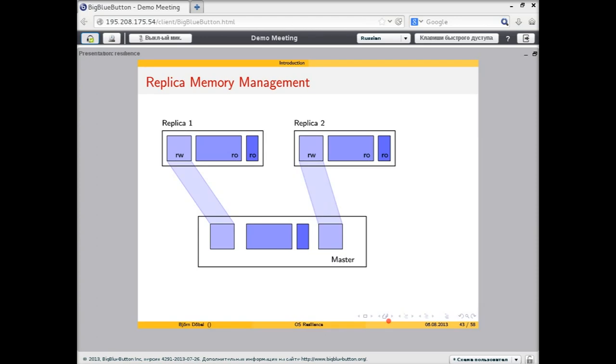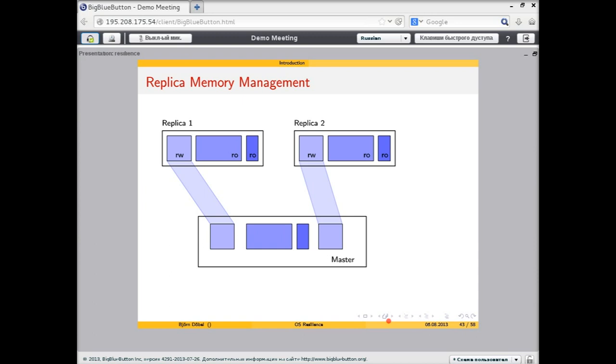If, however, we have writable memory, the master needs to create a dedicated copy of this region for every replica. The reason here is that replicas should execute independently as long as they can, and during independent execution, the replicas might, of course, read and write data from and to these writable regions.